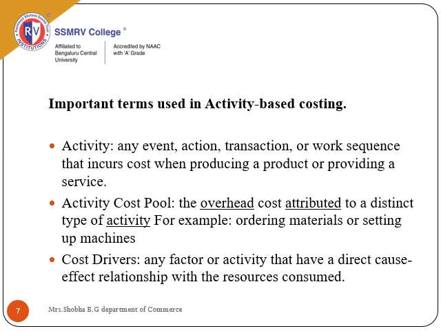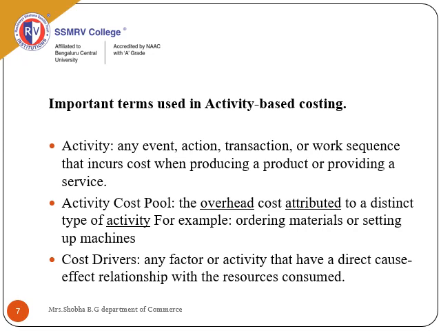The next one is the cost drivers. Cost drivers means any factor or activity that has a direct cause-effect relationship with the resources consumed. It means when the activities are happening, depending on the number of times that particular event happens, the cost is going to be decided.